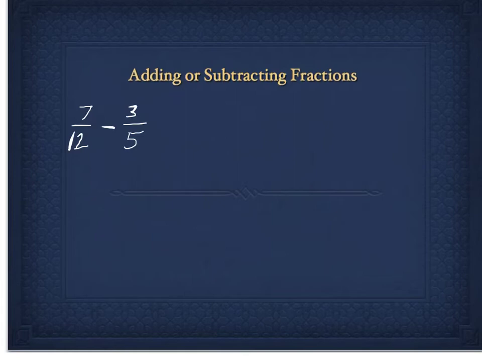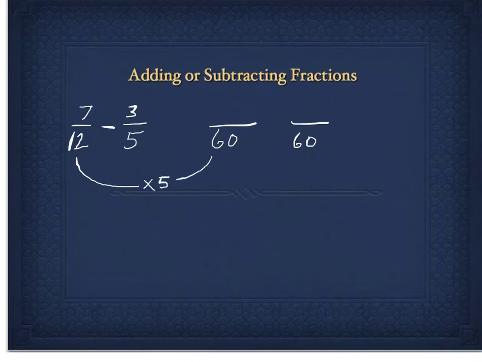So what I need to do is turn those denominators into 60, or cut that pizza into 60 slices. In order to do that, I have to do 12 times some number, in this case 5, that will get me to 60. And 5 times 12 will get me to 60. And whatever I do to the denominator, I have to also do to my numerator.